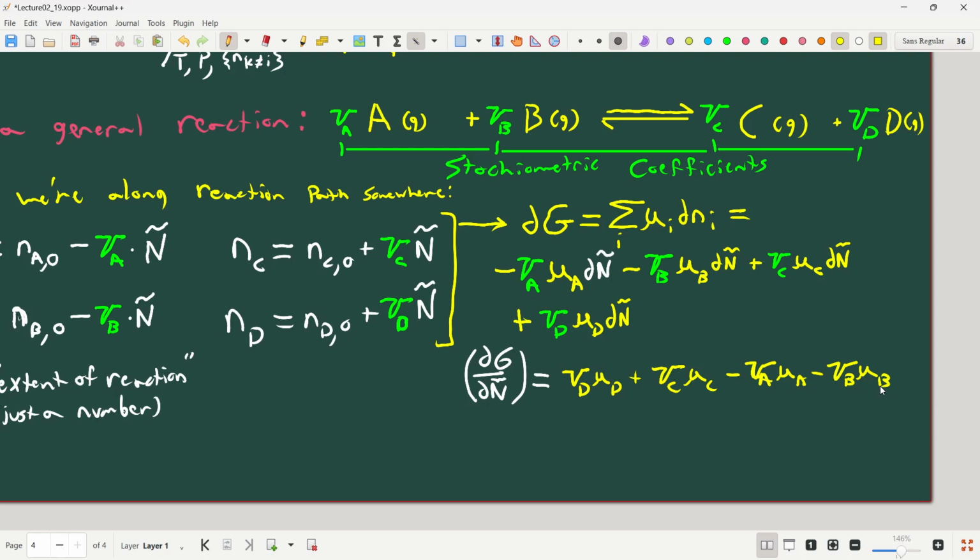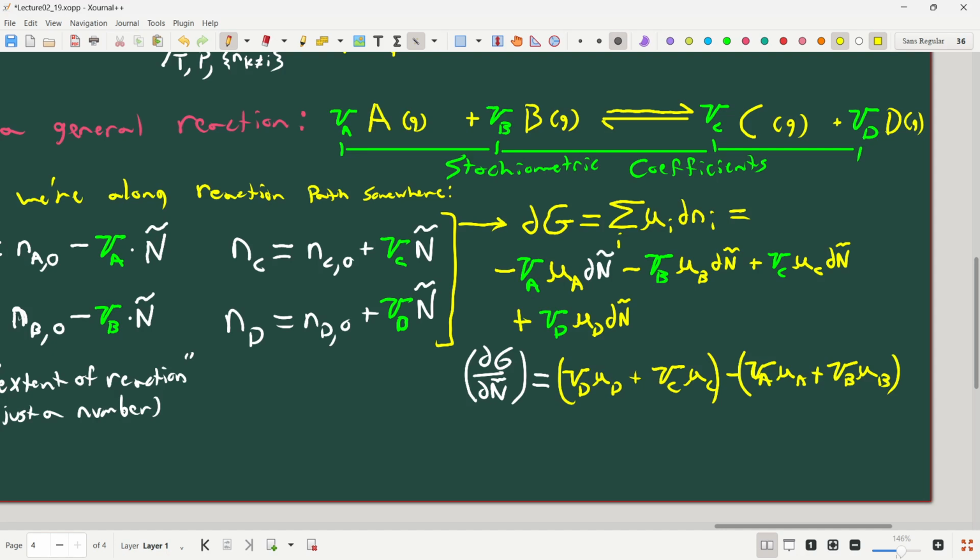So if the chemical potentials of D and C are bigger, imagine this sum right here is bigger than this sum. Maybe a better way to write this is to say minus the sum. So imagine this is bigger than this.